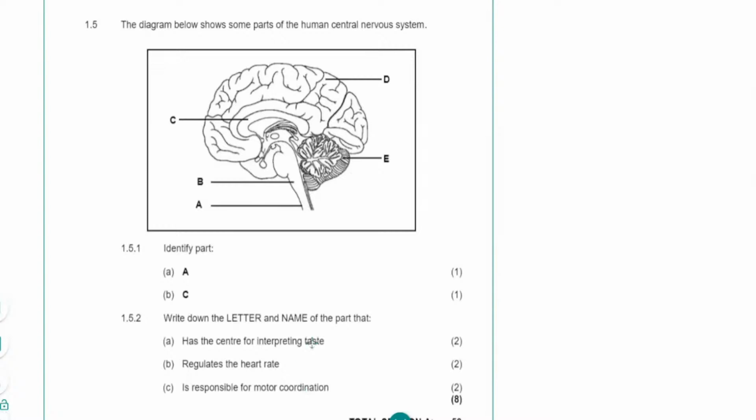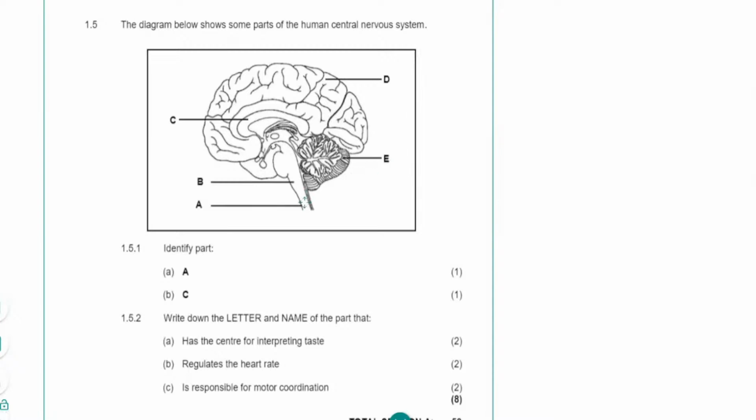And if you talk about balancing, you are talking about cerebellum. I told you, please don't forget to write the correct answer. Cerebellum is for motor coordination, responsible for balance and equilibrium, and also muscle tone. So it is cerebellum, which is E.